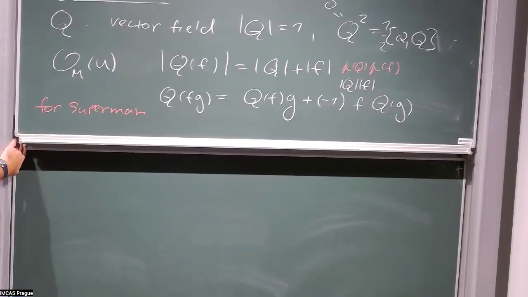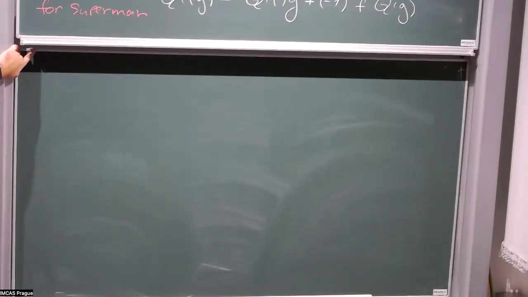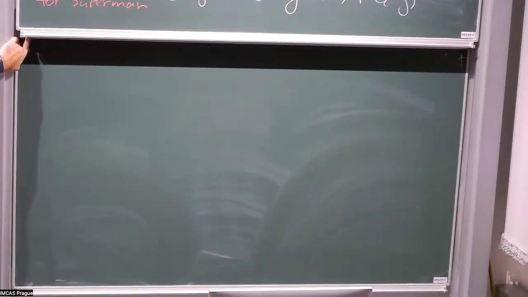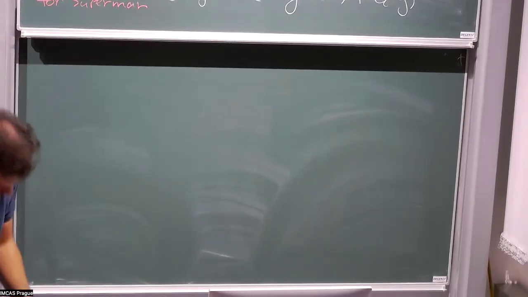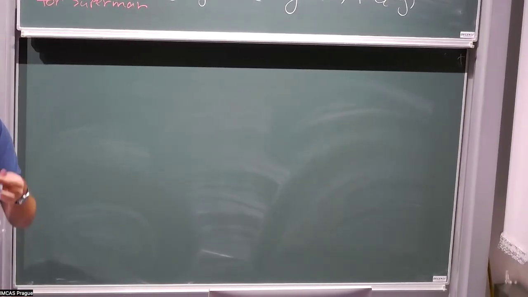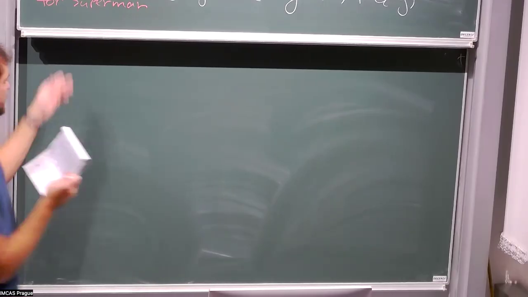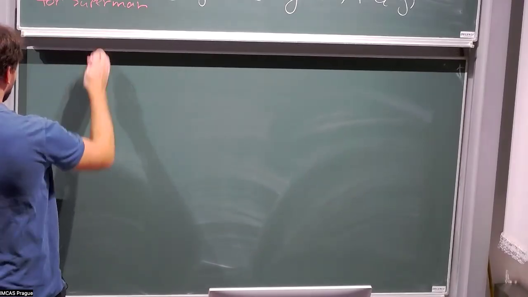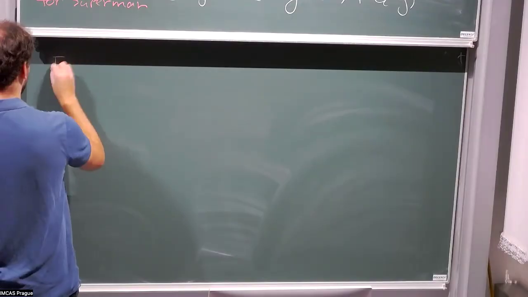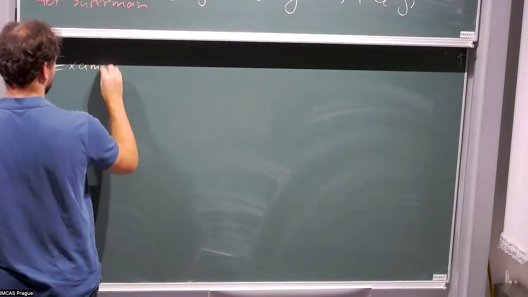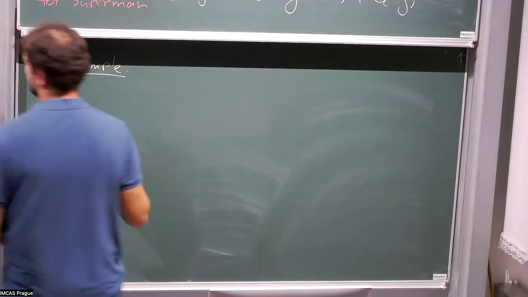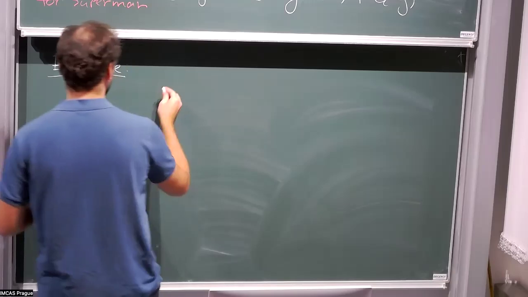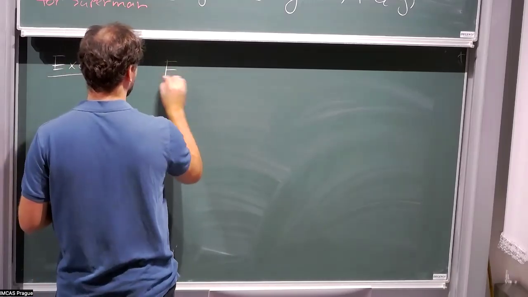Right? So why would we want to introduce this kind of a vector field of degree 1 that squares to 0? Let me answer that question with an example. The best kind of an answer, I think. It's also a first example of a graded manifold that we see here. So take a vector bundle.